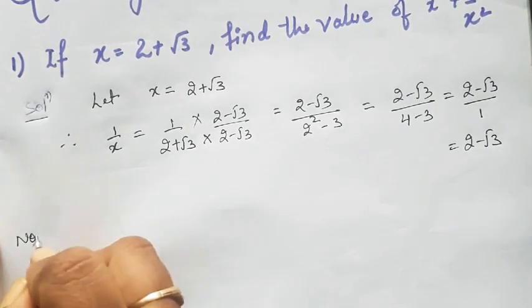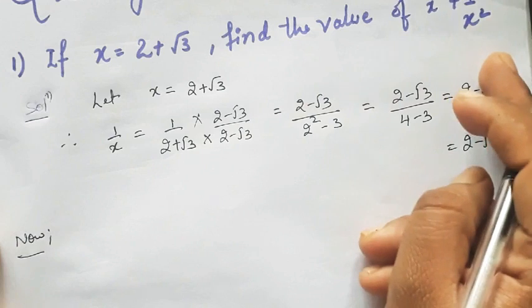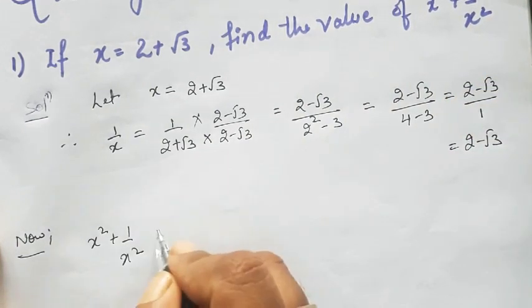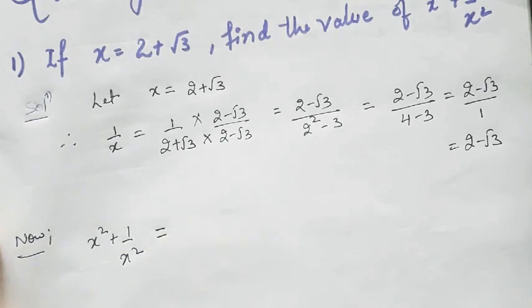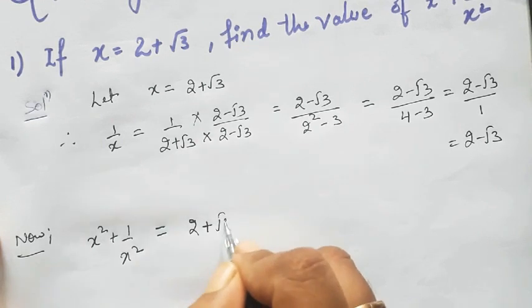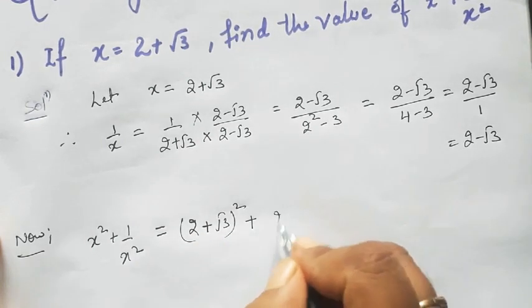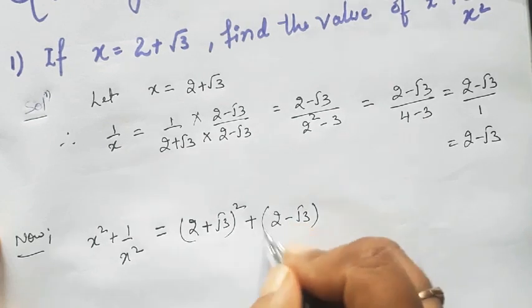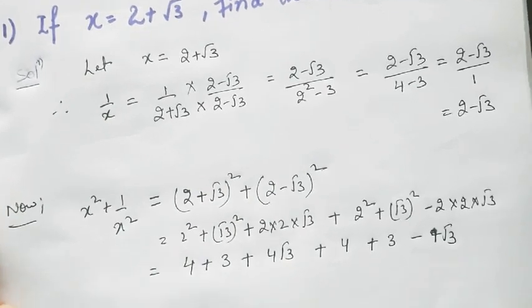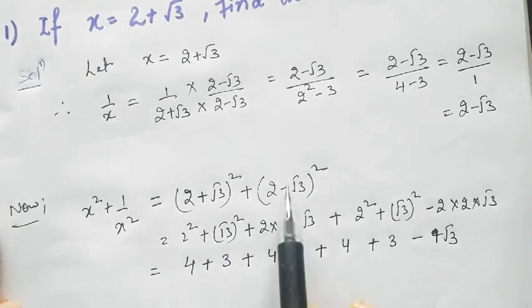Now, as the question says, x square plus 1 by x square. Just substitute the value of x, that is (2 plus root 3) whole square plus (2 minus root 3) whole square. Now expand it using (a plus b) whole square and (a minus b) whole square.